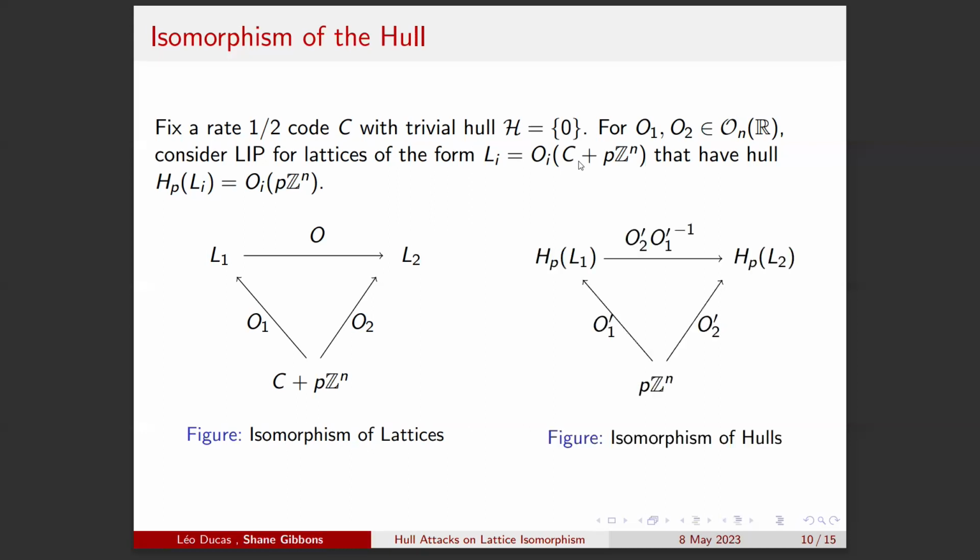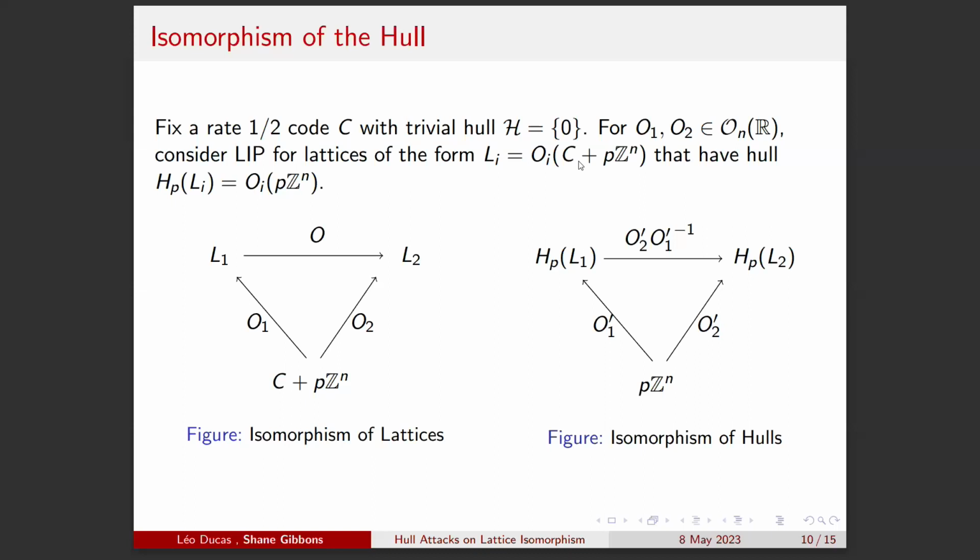What we do is we take the hull of each of the four parts of the diagram, and we know now that the hull of L1 is isomorphic to pZ^n, and similarly for L2.